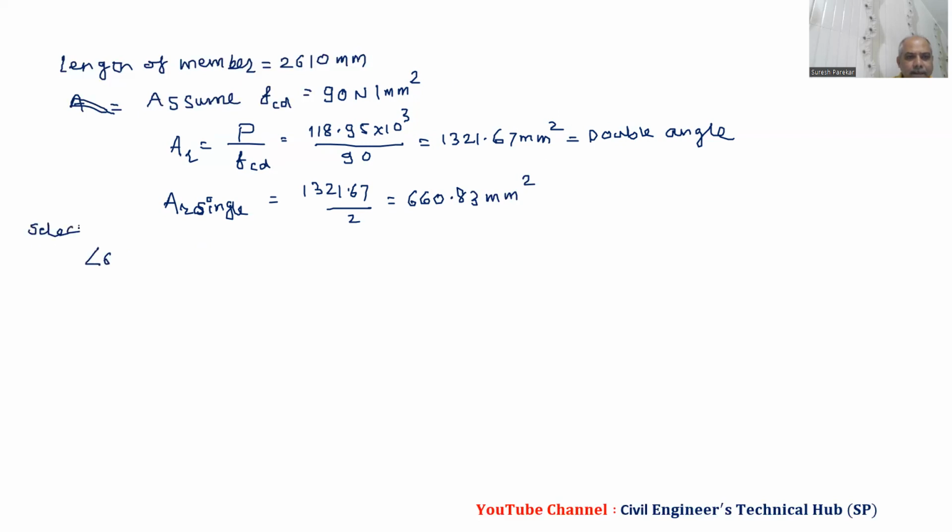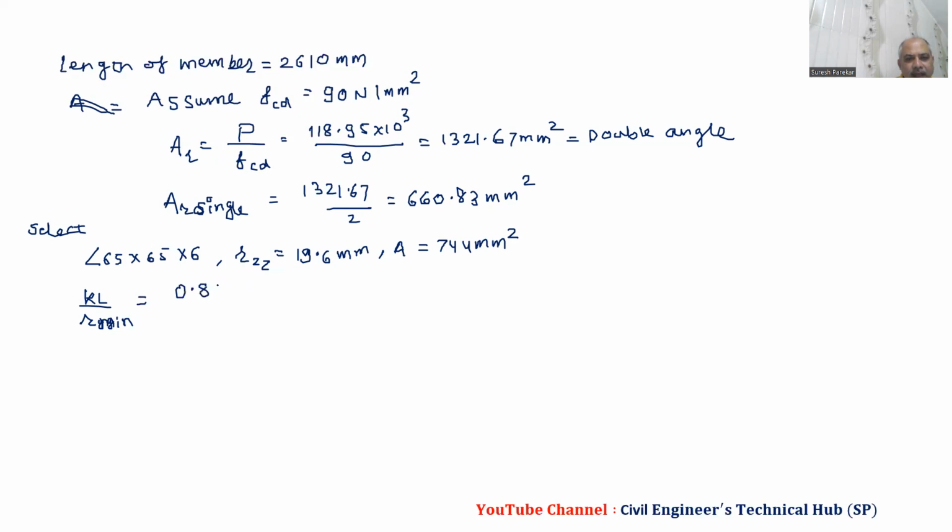Select 65, 65, 6. We have RZZ is 19.6 millimeters and A is 744 millimeters square. So now we will have KL upon R. Actually we have RZZ, R minimum, not RYY, and minimum we have RZZ.